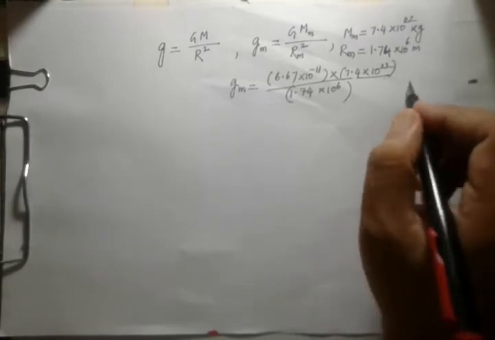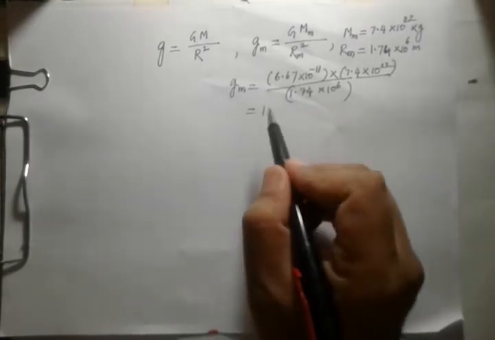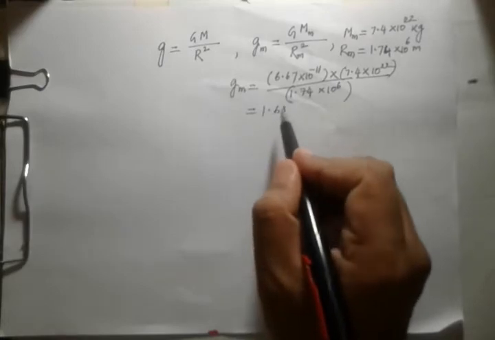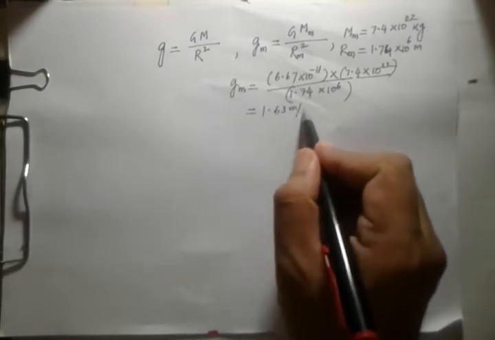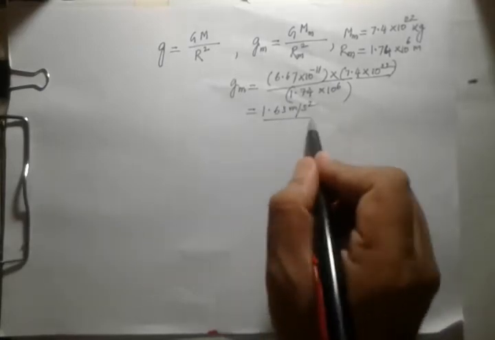So if you calculate, you will get 1.63 meter per second square.